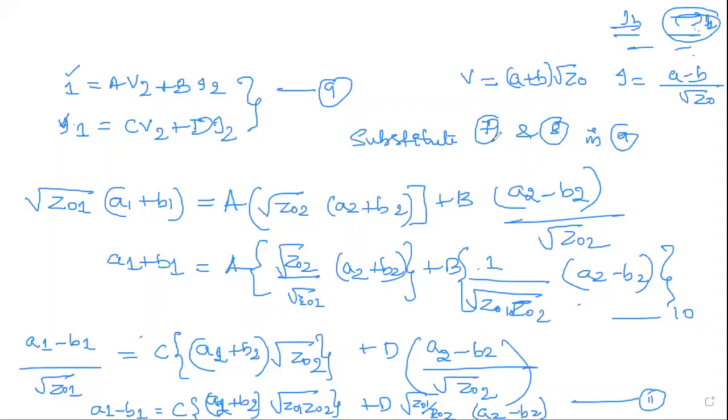Just a small difference here: this is B2 minus A2. If it is incoming, then it will be A2 minus B2. So here when you write the equation for I2, it is B2 minus A2. Just make this one change. This will be A2, B2 minus A2.